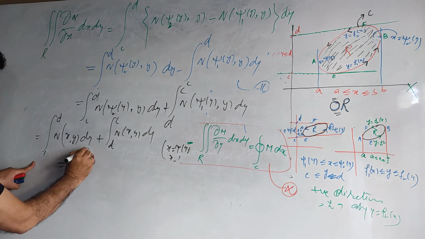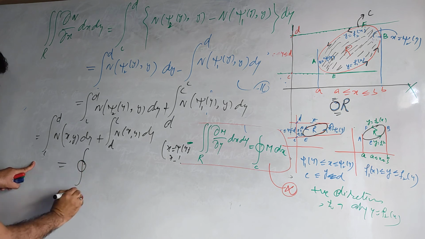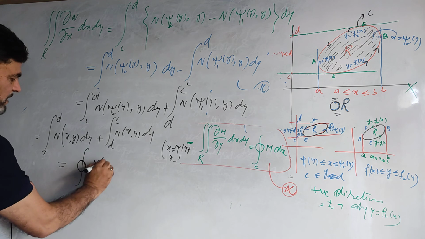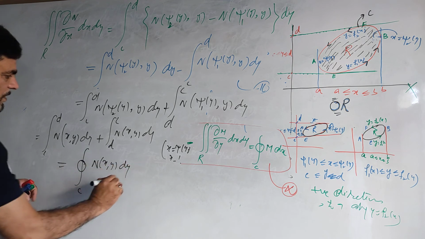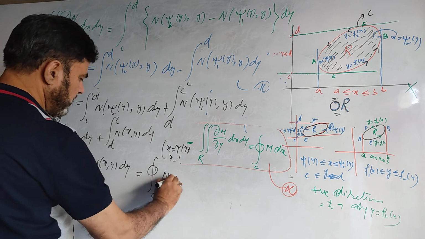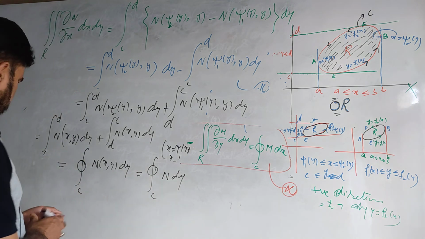So this is the line integral over the closed curve C, and you may write n dy. So what have we got here?